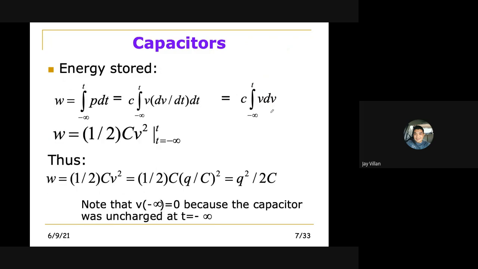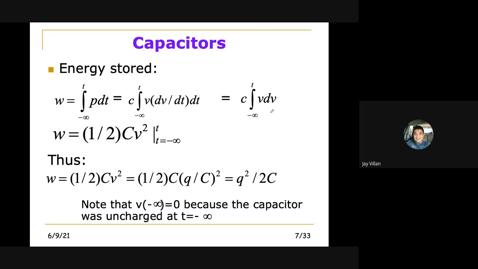So the energy stored in the capacitor is the integral of P dt, from negative infinity to t. That is C V dV over dt times dt.